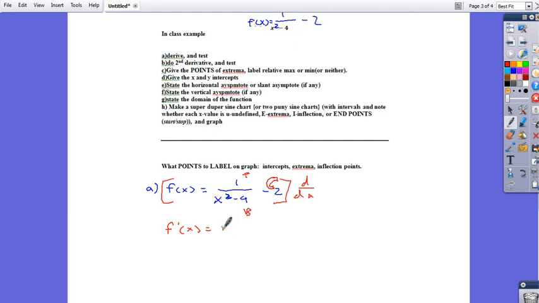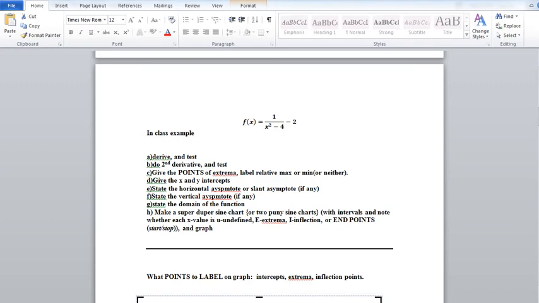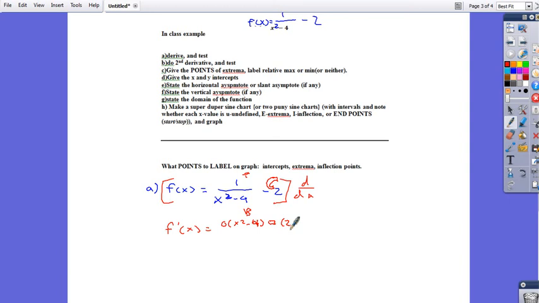So the derivative of the top is 0 times the bottom, x squared minus 4, minus the derivative of the bottom, which is 2x, times the top, 1, over the bottom squared, which is x squared minus 4 squared.